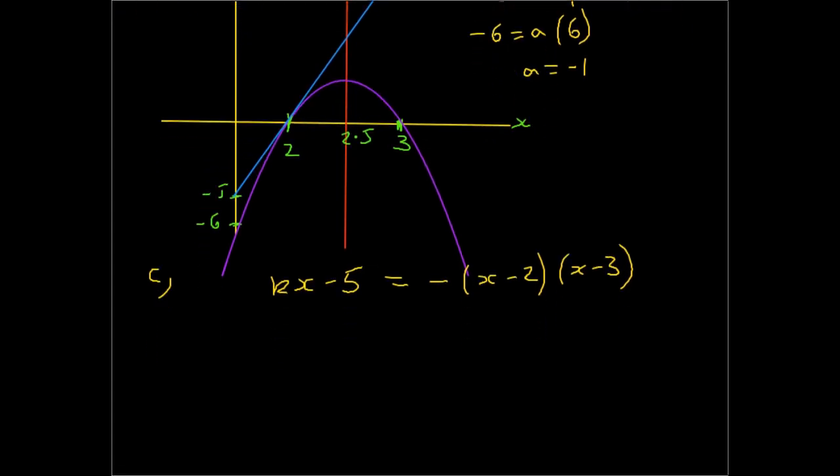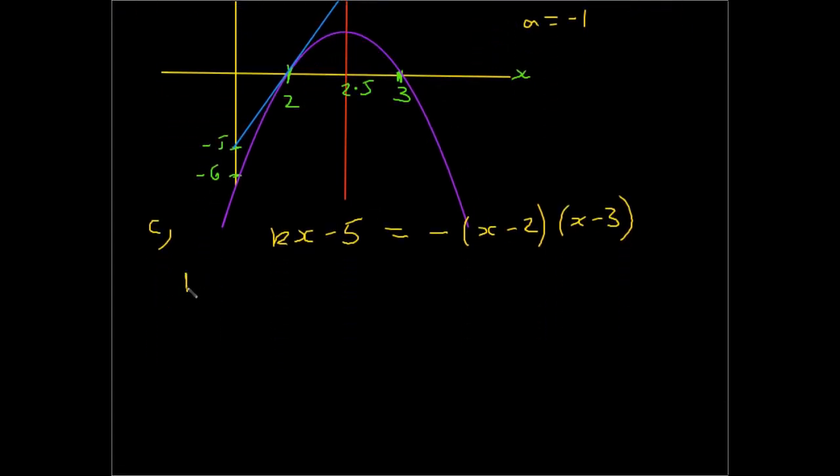So I can then multiply that out and get kx minus 5 is equal to negative x squared minus 5x plus 6.